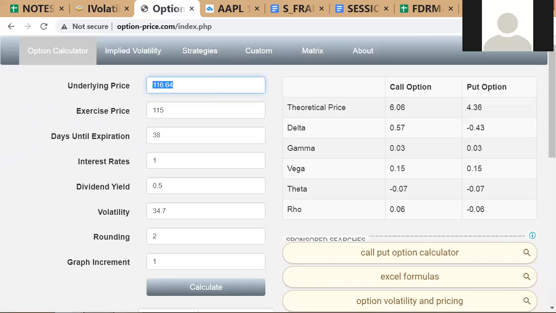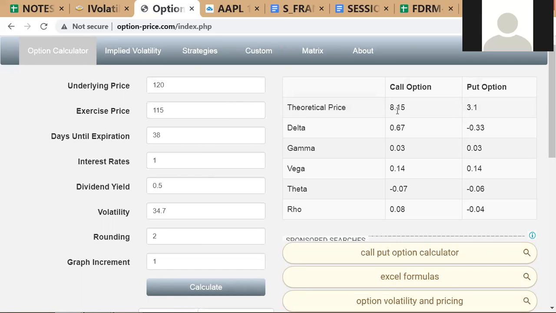Let's make it simpler. Let's make the underlying price 120, and the exercise price. So when you buy the option, it's like this. Let's look at the call option, and these are the parameters, and the price is here.